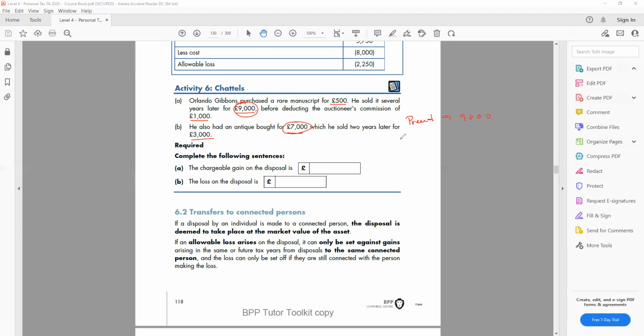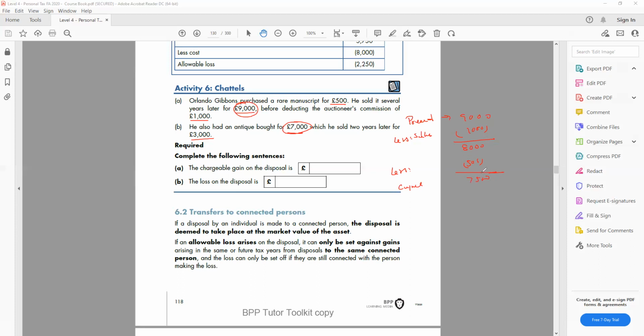That is the auction commission. So less the selling cost, 1,000. So actually the net proceeds are 8,000. This is the money I have received by selling that. Then I have to minus the acquisition cost, 500. And if you minus that, the capital gain is 7,500.